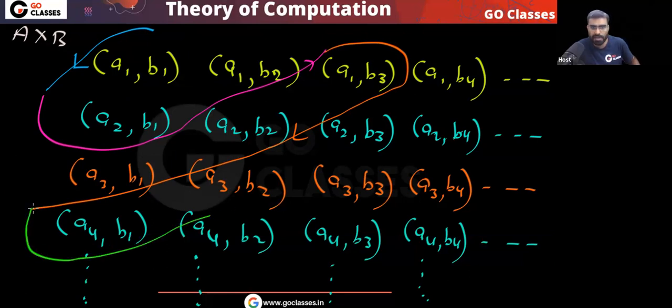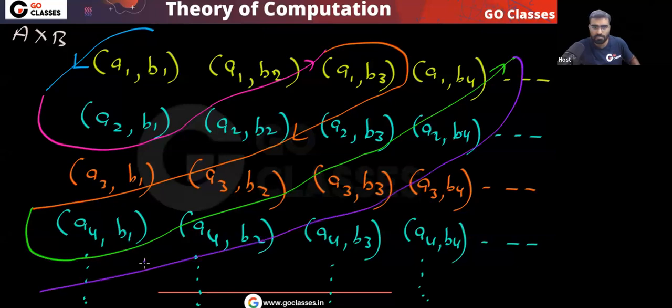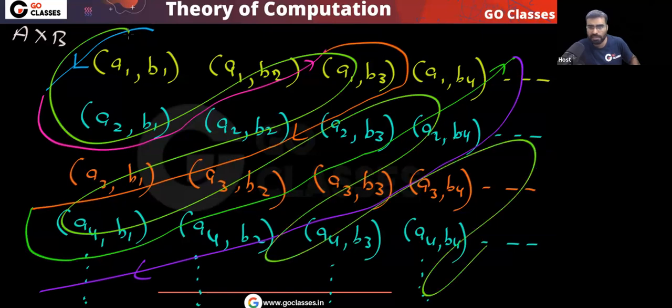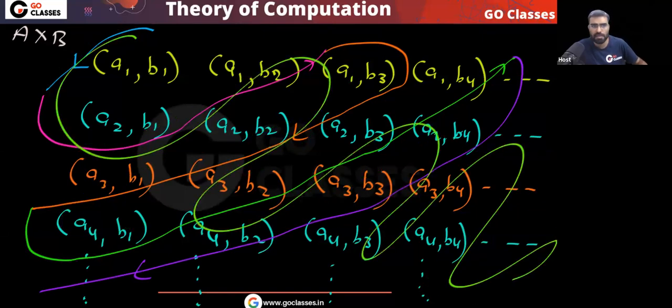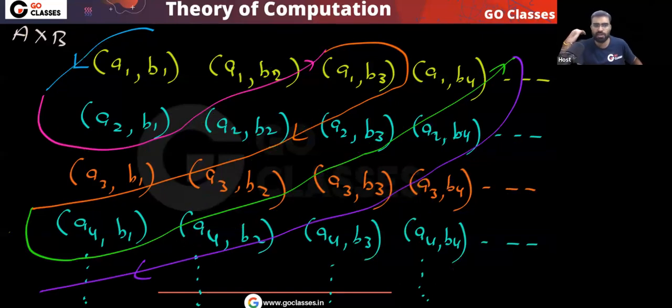Then you will write these. Okay. And so on. I hope you understood. So basically we are going like this. Very, very simple. Like this, like this, like this. We are covering all the elements.